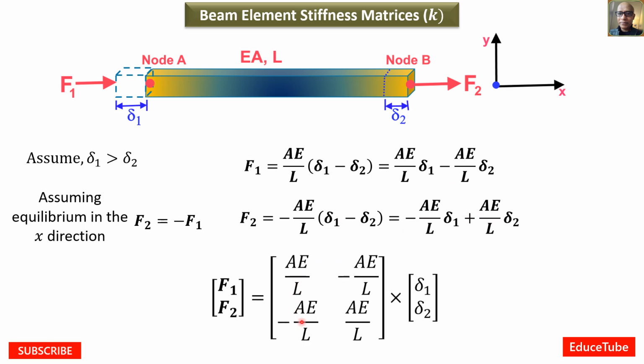So this is that matrix. This is the force vector, this is the stiffness matrix, and this is the displacement vector. With 2 degrees of freedom, that is why it is a 2 by 2 matrix.